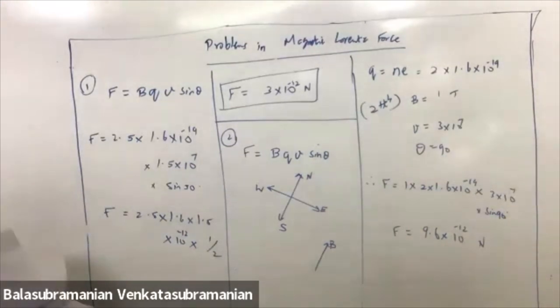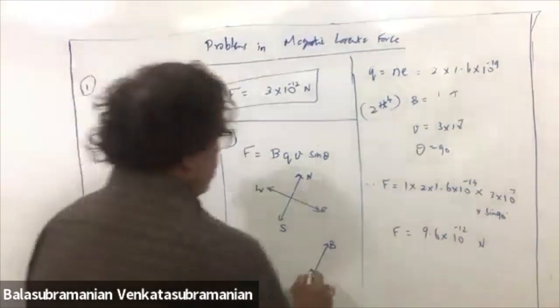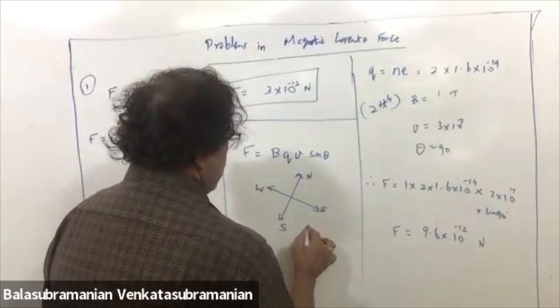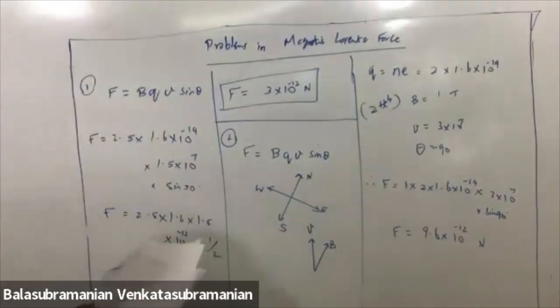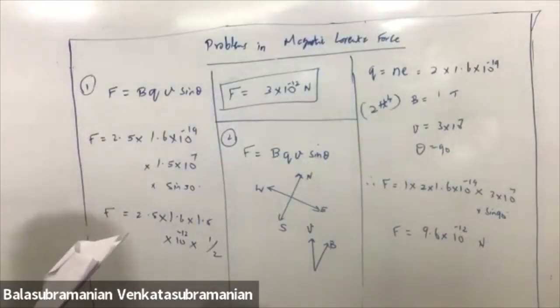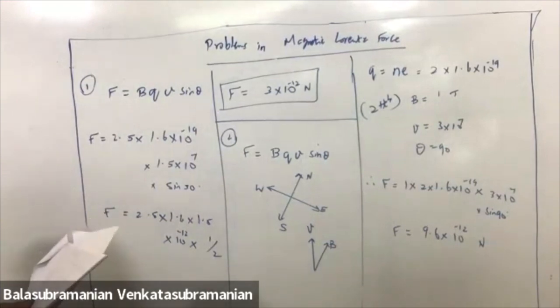The alpha particle is projected vertically upward with a speed of 3 into 10 power 4, so velocity is upward. Okay. Next, what is the direction of force?